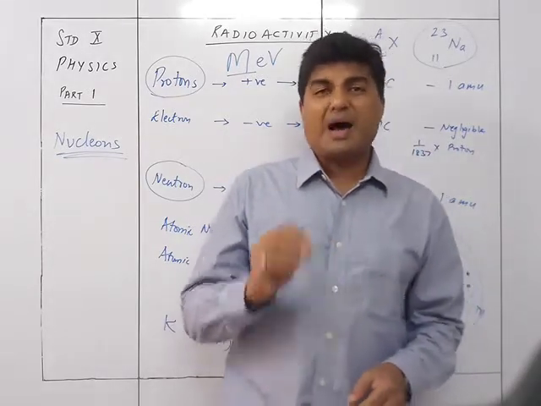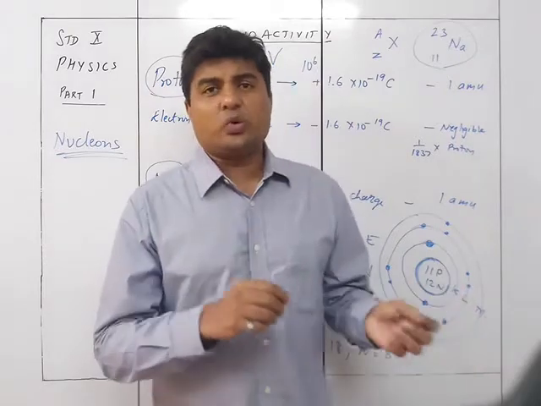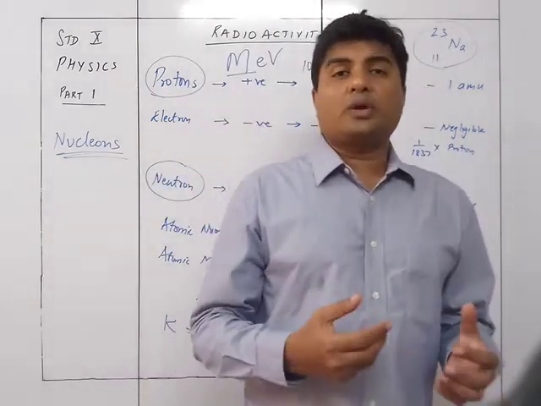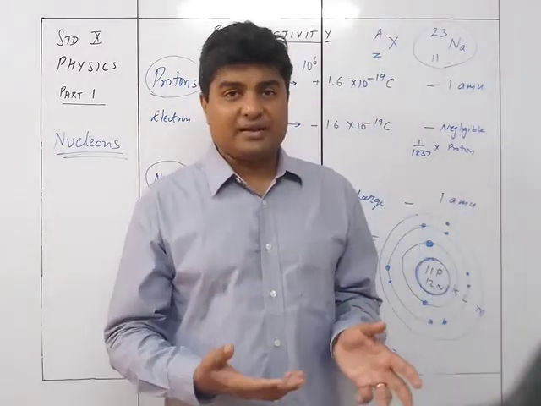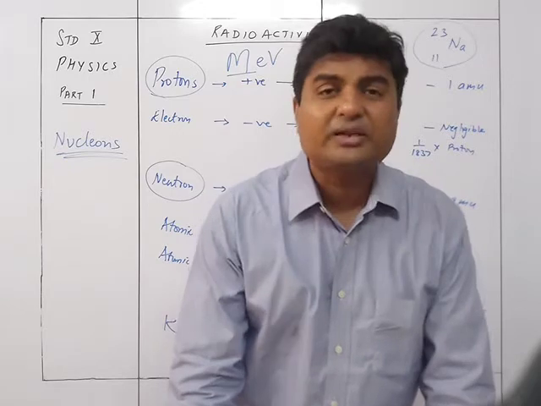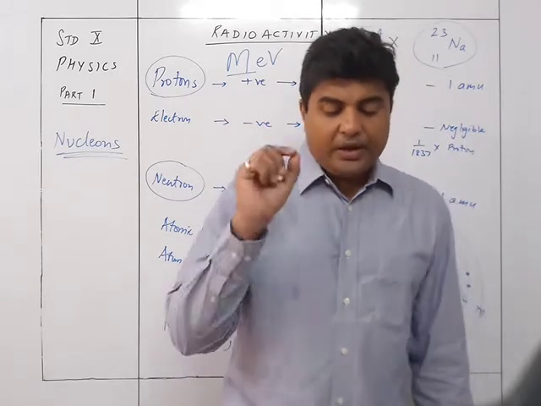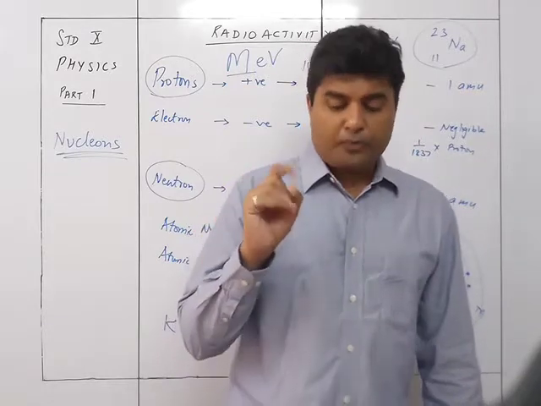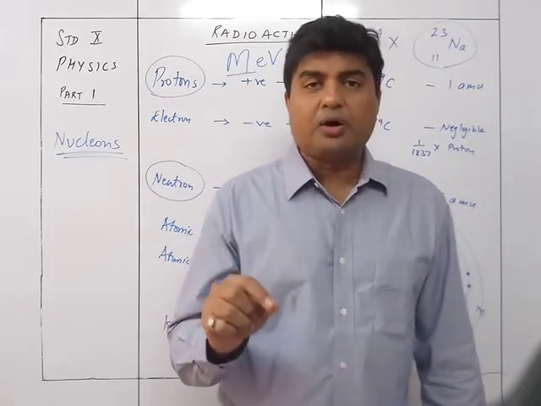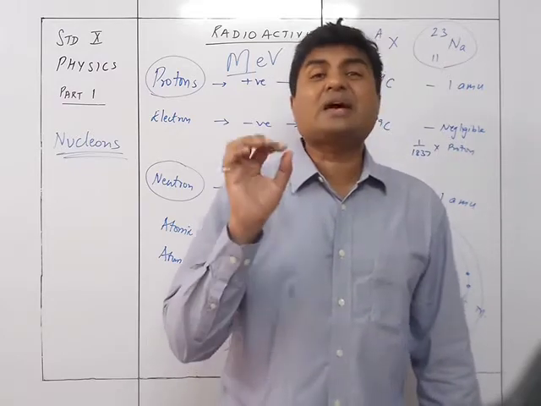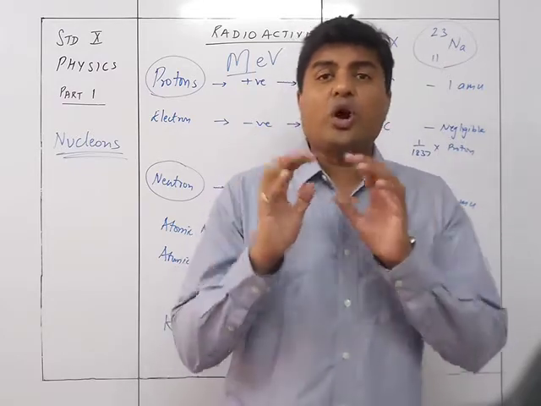So the total mass of the reactants and products, or the total number of protons and neutrons present in the reactants and in the products, remains the same. That is exactly what is mentioned in note 3: in a nuclear reaction, the atomic number, or the number of protons, and the mass number, or the total number of protons and neutrons, remain conserved. They are not going to change at all.